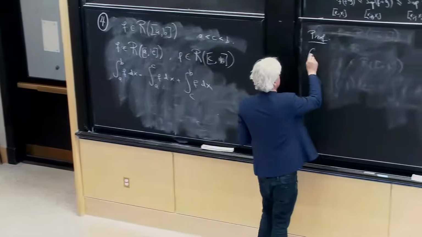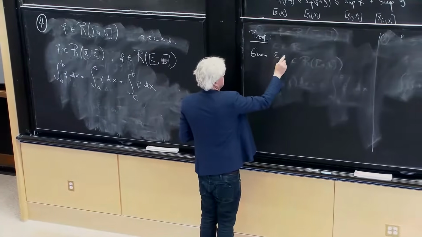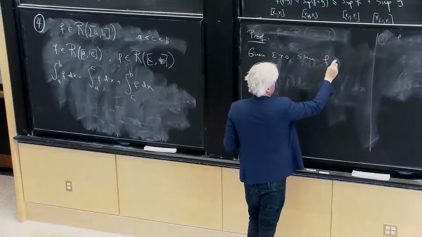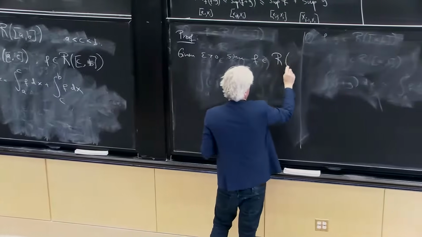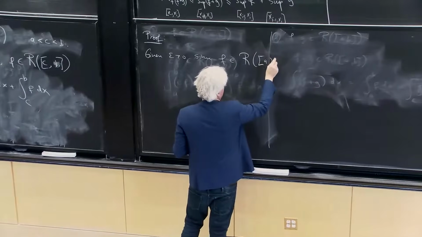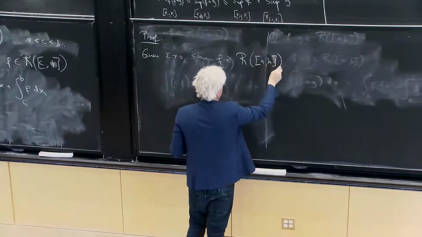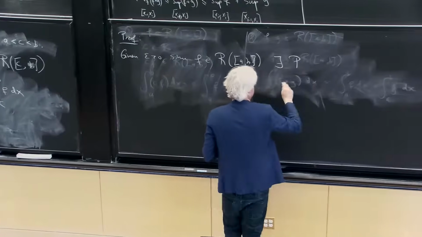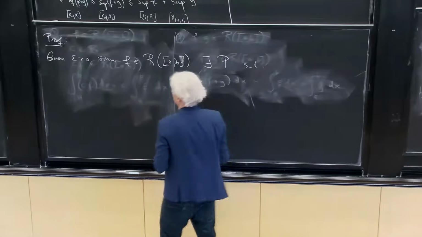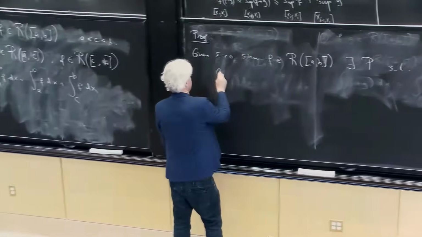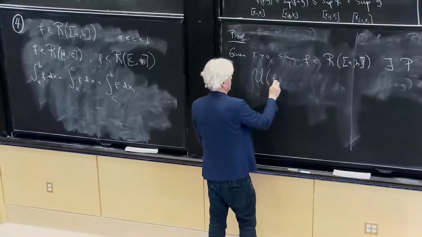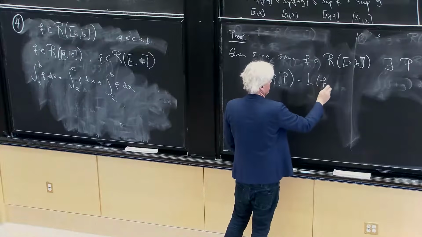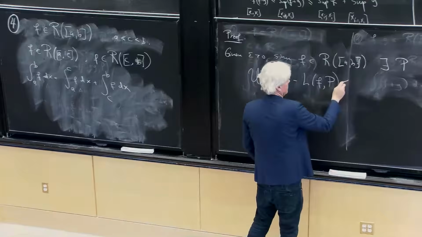So given epsilon, since f here is integrable on the interval from a to b, we know that there exists a partition P such that the upper sum minus the lower sum is less than epsilon.